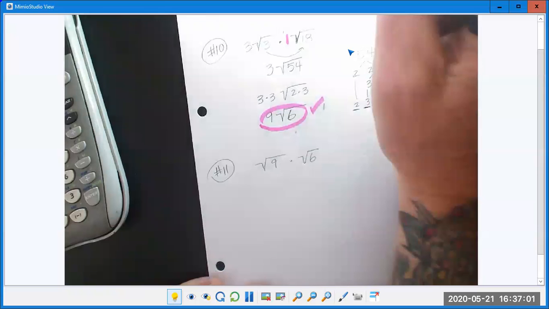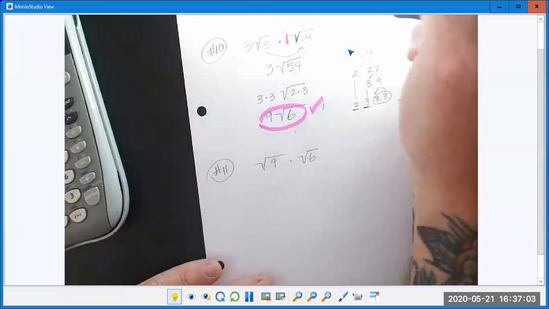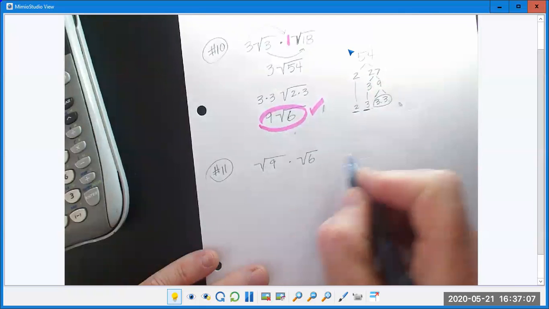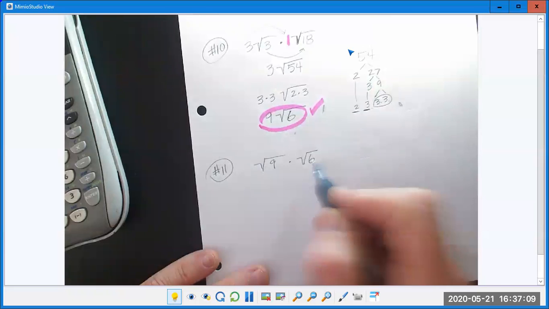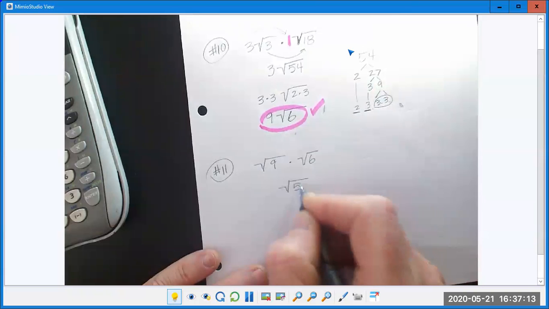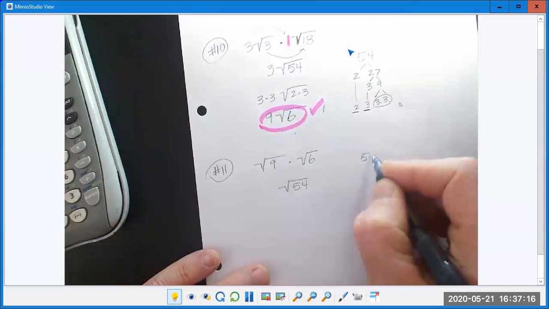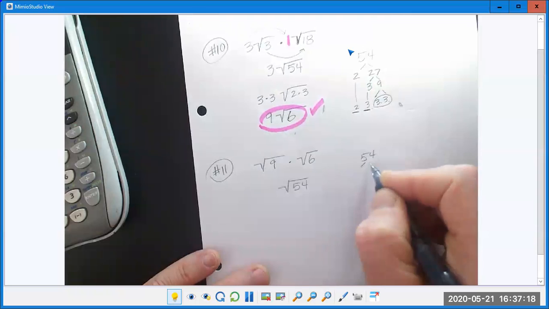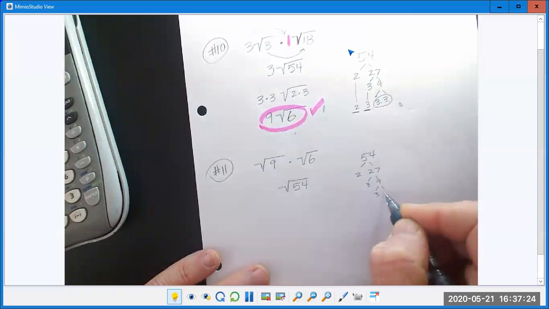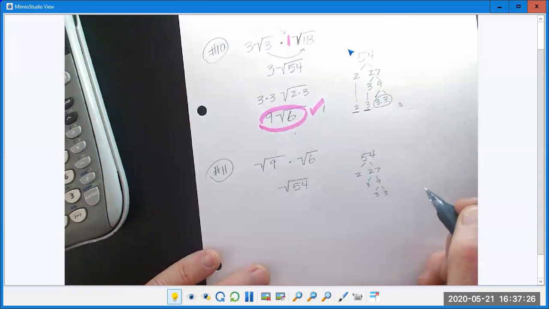Now, in this particular situation, there would not be any issues whatsoever if you said radical 9 times radical 6 gives me radical 54. Then you took your 54 and you broke it down to 2 times 27, 3 times 9, 3 times 3.